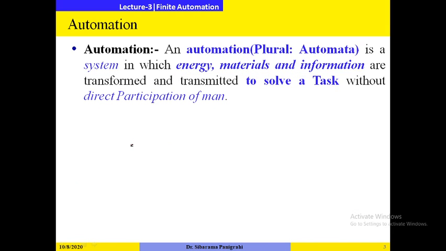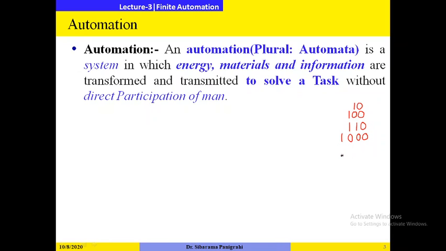So now you see, suppose I want to design an automaton that will accept all the binary strings divisible by 2. So all the binary strings divisible by 2 means 2 is divisible by 2. So 2's binary equivalent is 1 0. Next, 4 is divisible by 2, so its binary equivalent is 1 0 0. 6 is divisible by 2, 1 1 0. 8 is divisible by 2, 1 0 0 0.